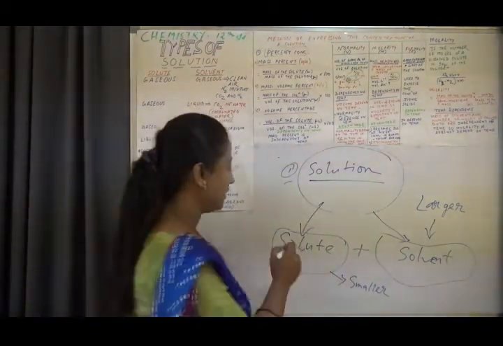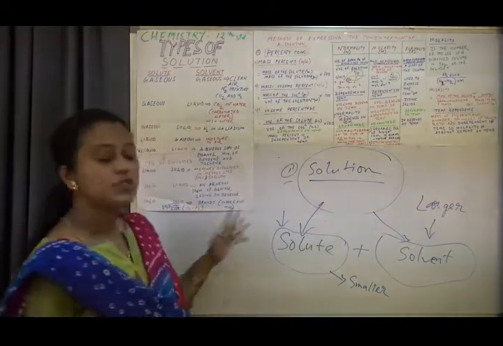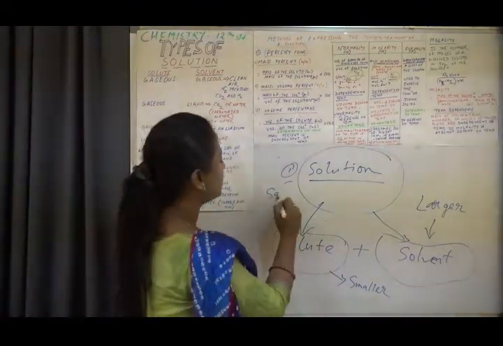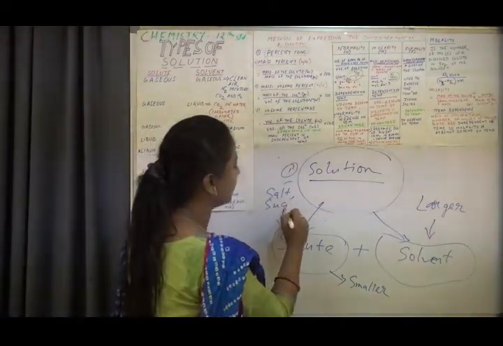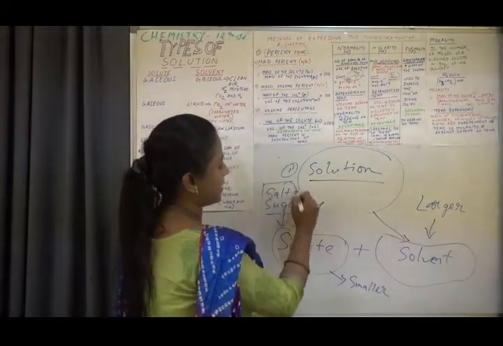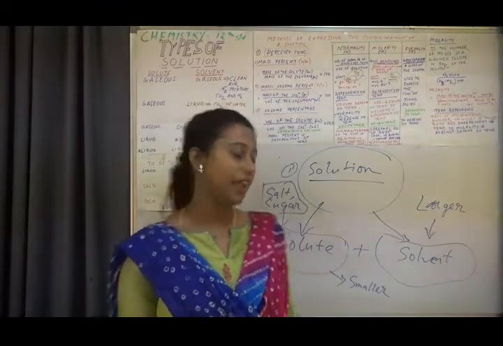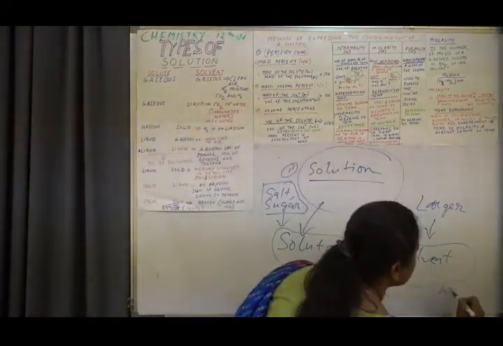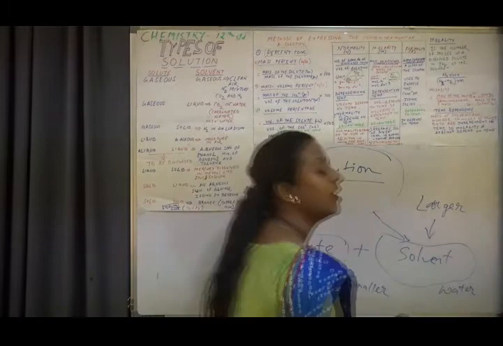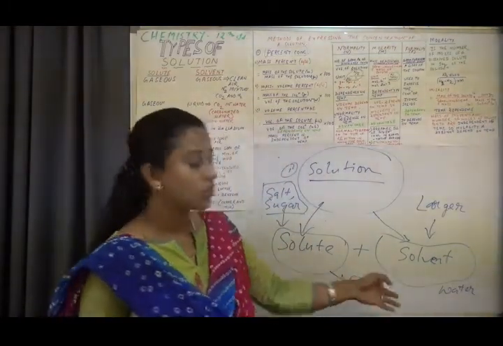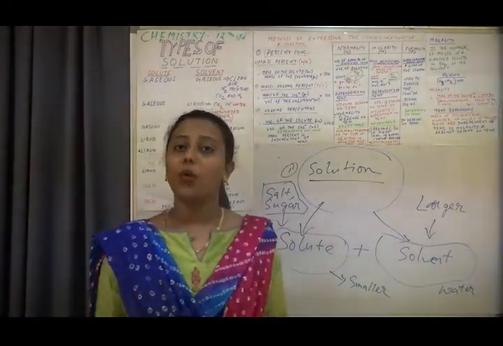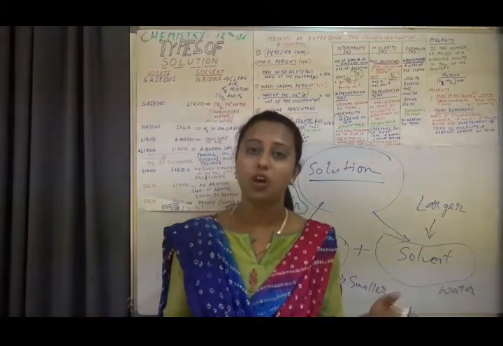There are different types of solute. They can be salt, sugar, or other substances. And there are various types of solvent. They can be water. Water is called the universal solvent. Why is water called the universal solvent?